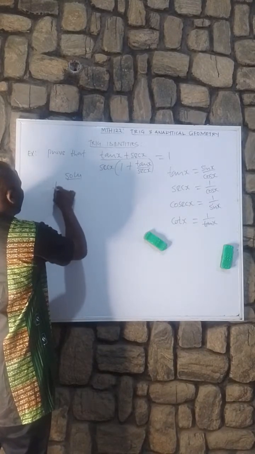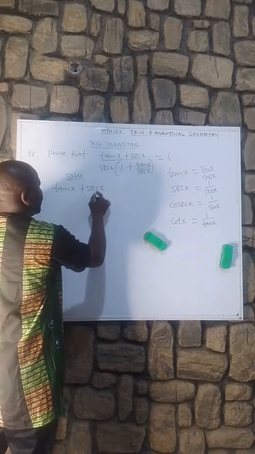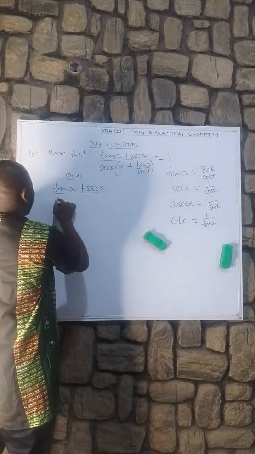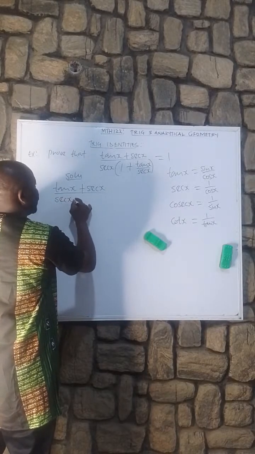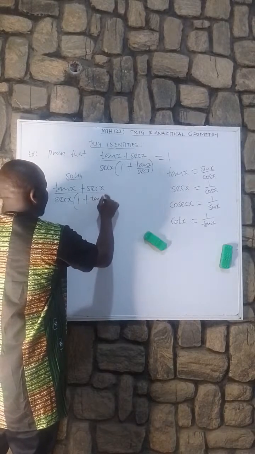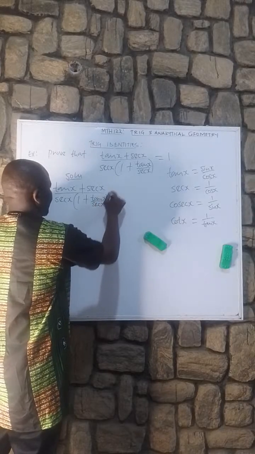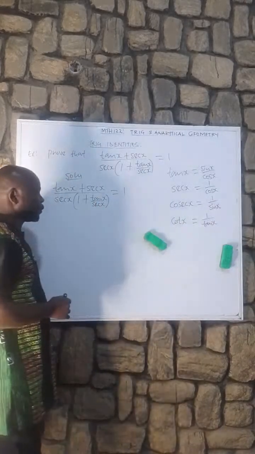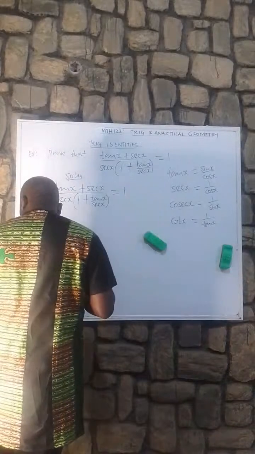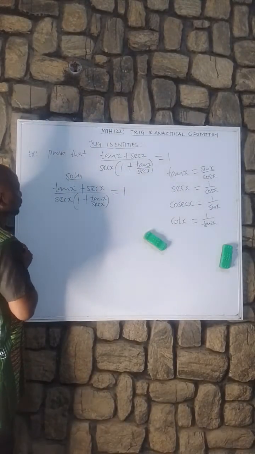Okay, let's write the question again. Plus sec x all over sec x, open bracket, 1 plus tan x all over sec x, equals 1, right?